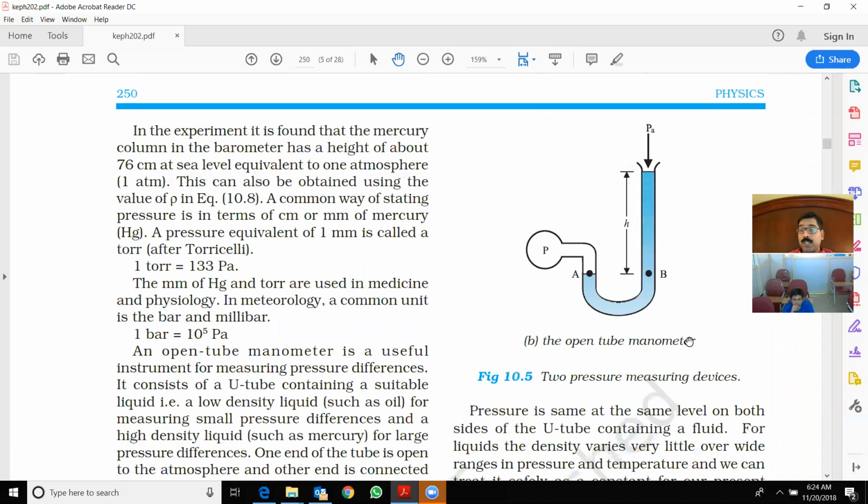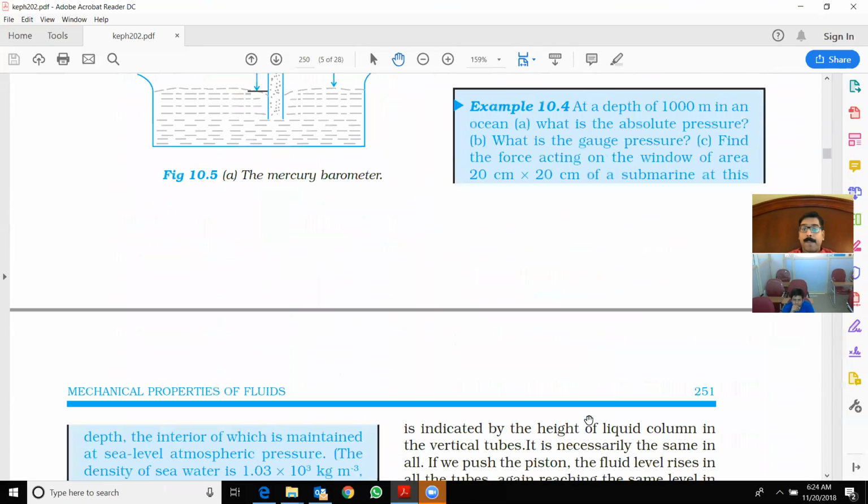Now, manometer is another term which is used for those devices which are used to measure pressure or pressure difference. It's a common general knowledge question. Very common. What is the name of the device that is used to measure pressure? So one is manometer, another is barometer.